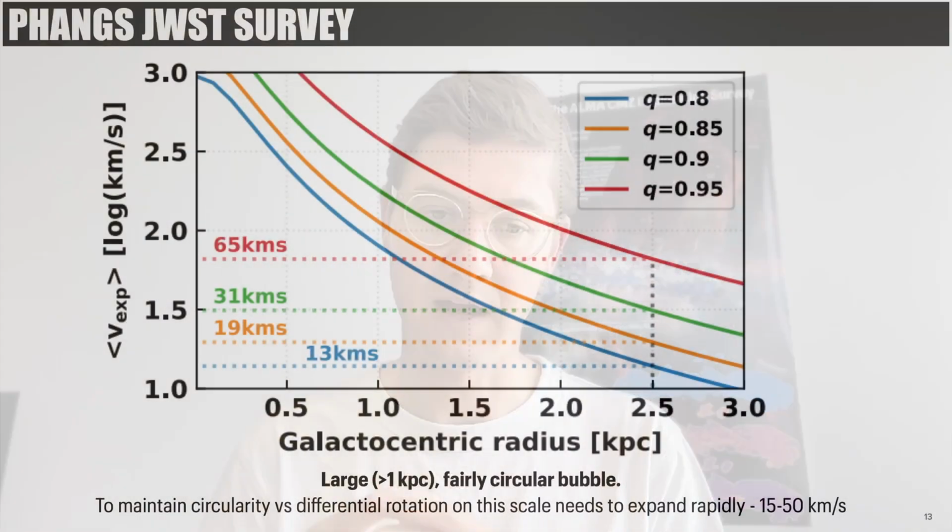As well as this, we made estimates of the expansion speed from various arguments for if shearing was to have a significant effect on the size scale of the bubble at the galactocentric distance of the bubble in the galaxy. If shear was influencing the bubble, it would become extremely elongated, but we're not seeing that. So essentially, how fast does the bubble have to expand to counteract this elongation effect?